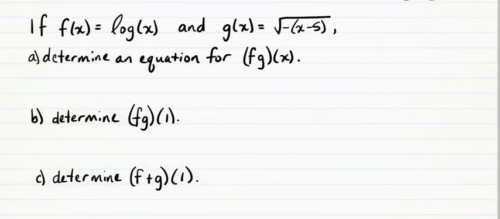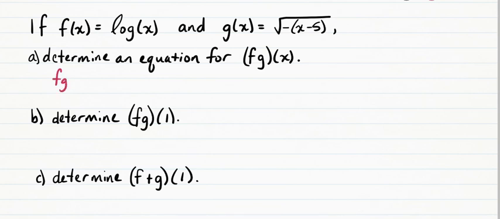So let's take a look at an example. Here, if we have the functions f of x is equal to log of x and g of x is equal to the square root of negative x minus 5, we're going to determine an equation for f times g of x.